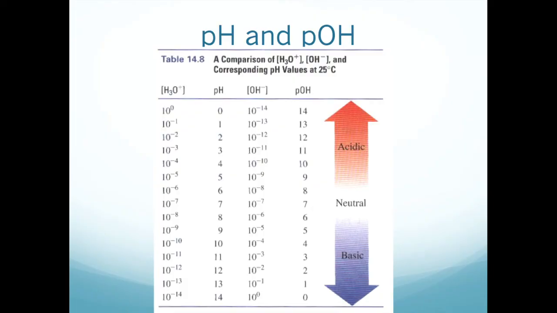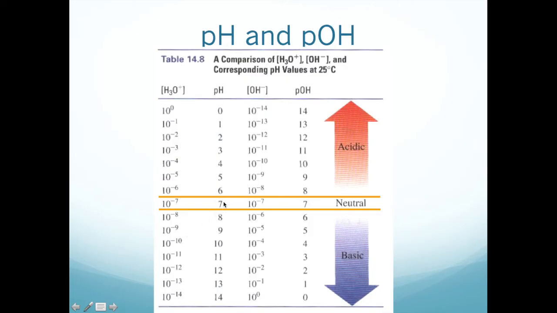Okay? Now, notice that in between here, when your hydronium and hydroxide concentrations are equal, you have a neutral solution. I think we've seen that earlier in this PowerPoint. Well, that means that your pH is at 7. So that's something to keep in mind.